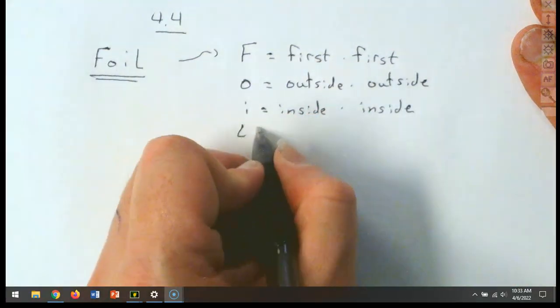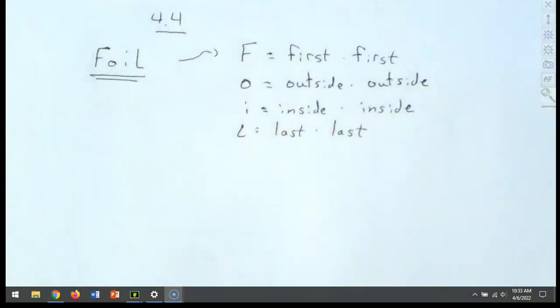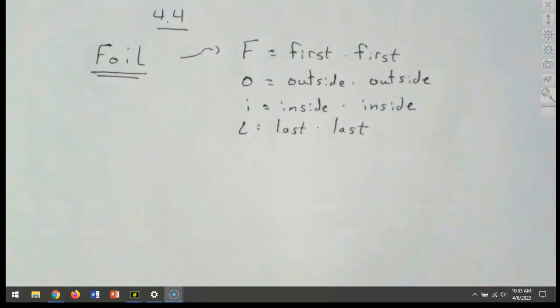And the L stands for the last times the last. Okay, so that's FOIL. First times first, outside, inside, last times last. Most of you are probably already familiar with how to FOIL, but we're going to go ahead and review it again.